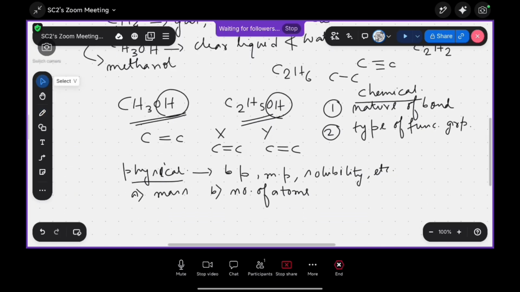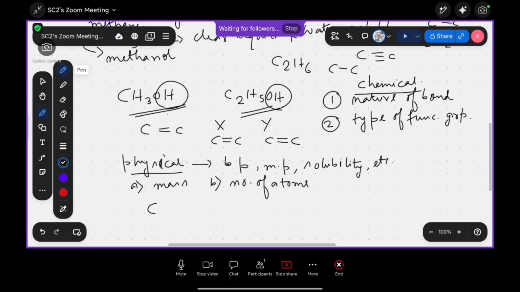See, for example, if I compare this to CH3OH, what can you see here? We are having 1 carbon atom, 4 hydrogen atoms, and 1 oxygen atom.